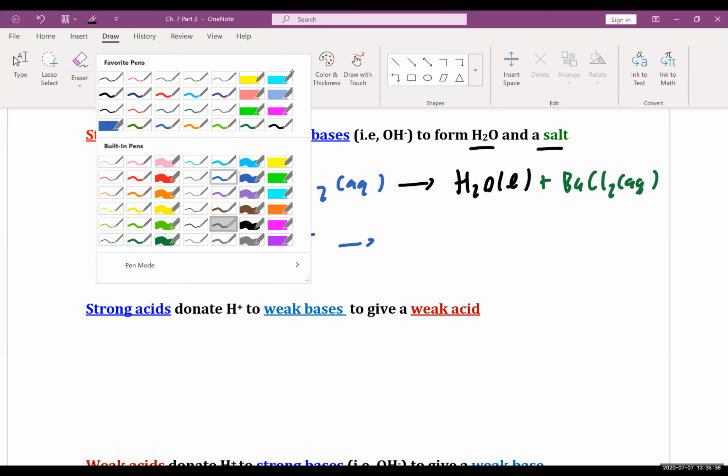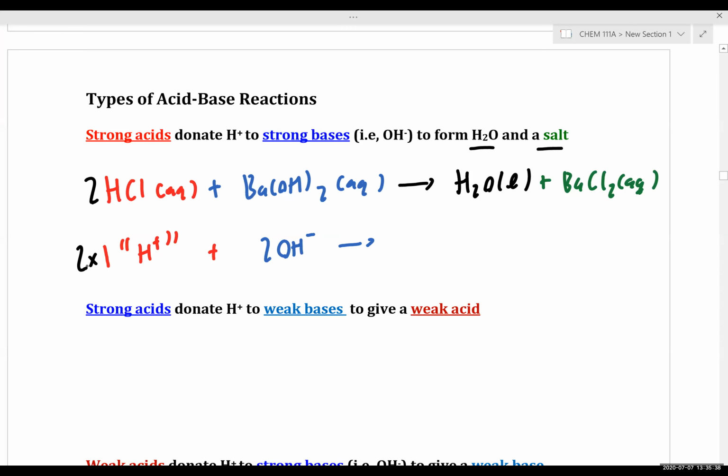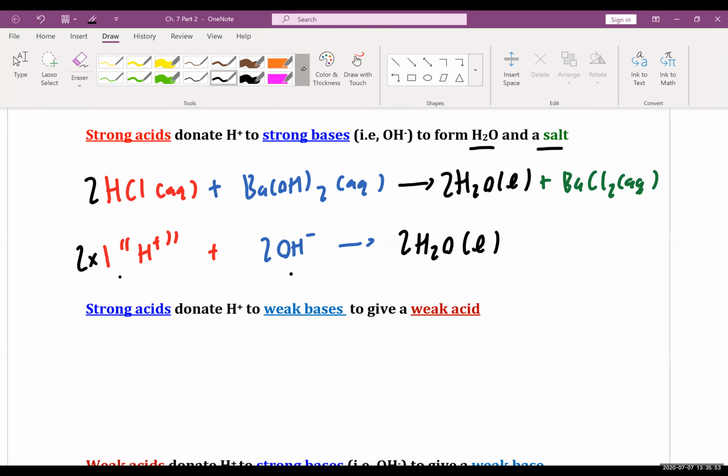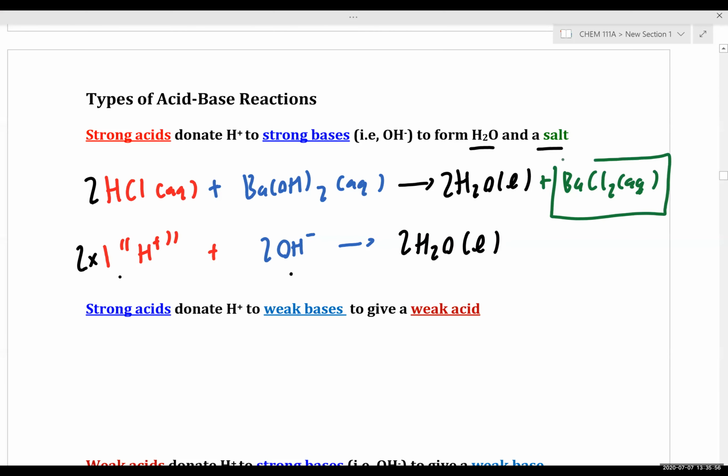So I need to add a coefficient of 2 to HCl so that we have two H plus equivalents, two OH equivalents, which yield two water equivalents. You can also use the formula of the salt. If you're able to effectively predict the salt, which contains your cation and your conjugate base, it gives you a lot of leverage in terms of balancing the chemical equation. Whatever method you prefer to use, both are valid.